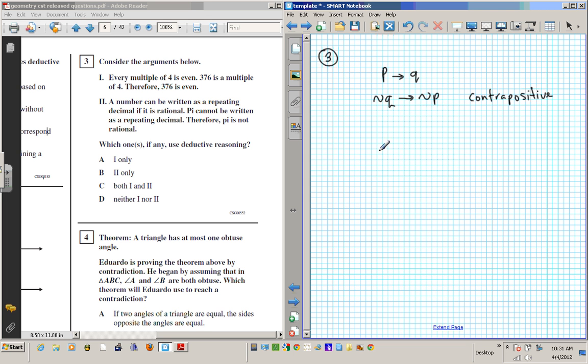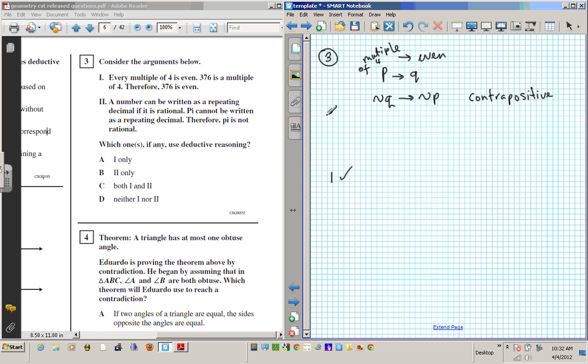So this is an example of P implying Q. Multiple of 4 implies even. Okay, that's the condition. So 376 is a multiple of 4, that automatically implies that it's even. That's P implies Q. So statement 1 is definitely deductive reasoning because you're drawing conclusions based on the hypothesis. The hypothesis here is that it is a multiple of 4.